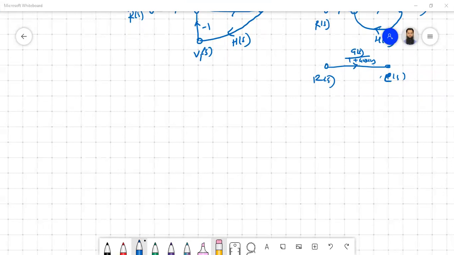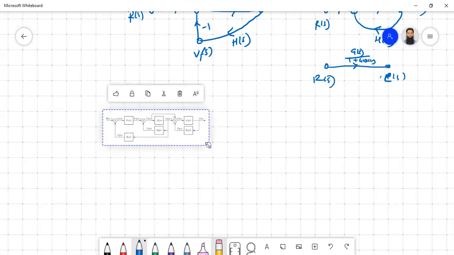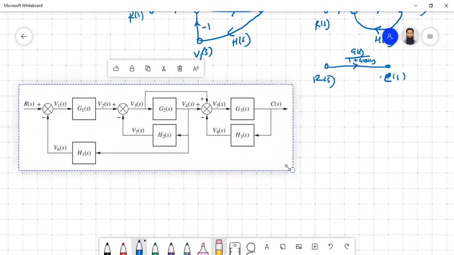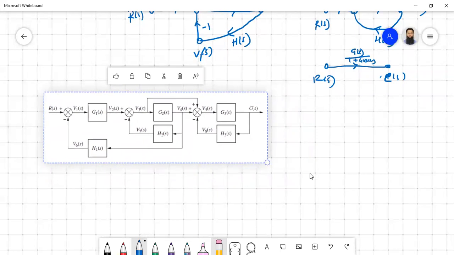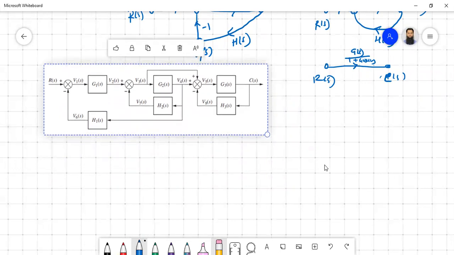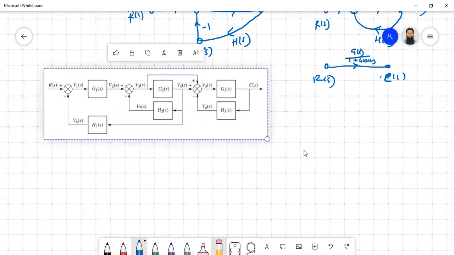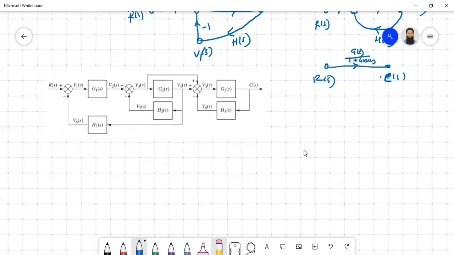It is always time consuming to draw, but we can take help. So this system was example 5.2. In example 5.2 they have already given the nodes, so it will be helpful for us.